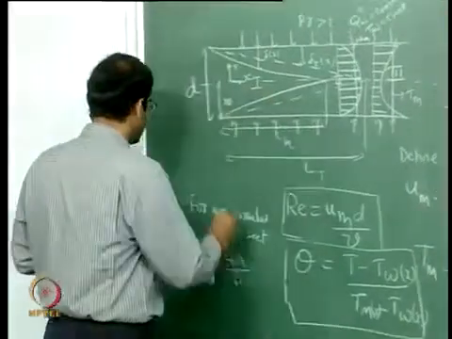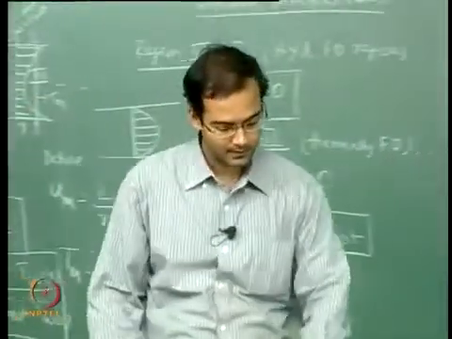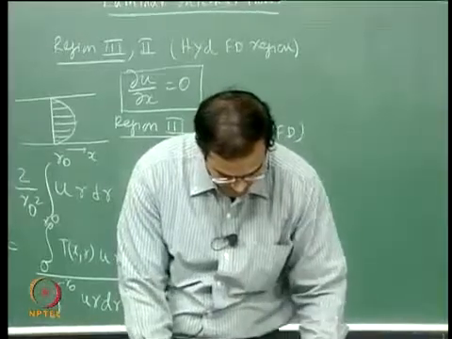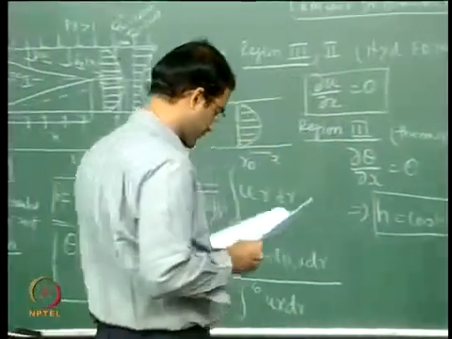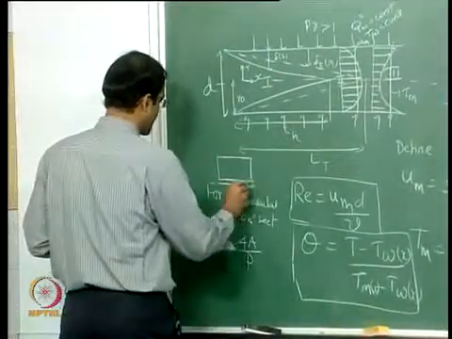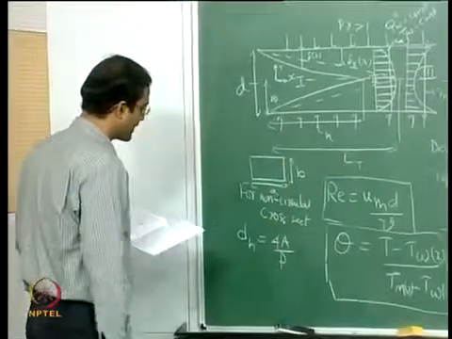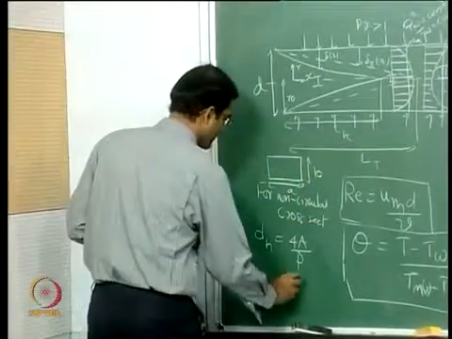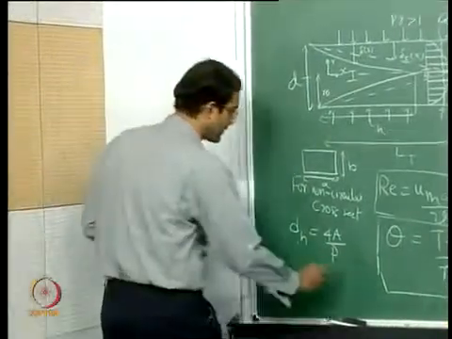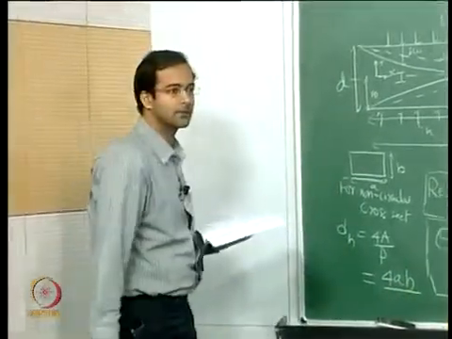So if you have a rectangular cross section with dimensions, let me just say this is your A and this is your B. So accordingly your area now will be AB, and the hydraulic diameter will be 4 times AB divided by 2 times A plus B, right.